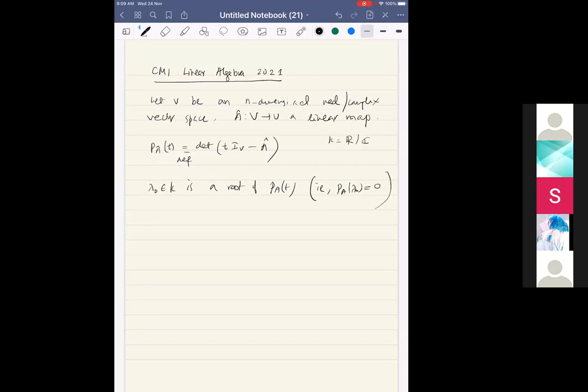So this is a polynomial function from K to K, so either it's a real valued function on R or it's a complex valued function on C. And a root is a point of R or C respectively where this function vanishes, if and only if the kernel of this operator, lambda 0 I_V minus Â, is non-zero. So this is the key result.